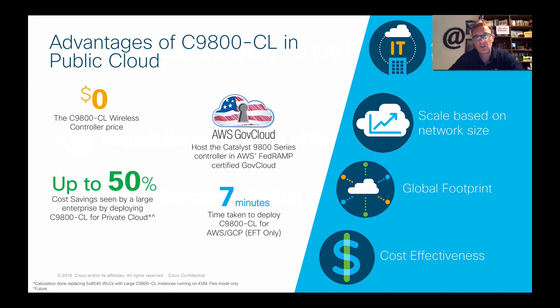The other advantage is that by leveraging the public cloud providers, these all have a global footprint, which means that no matter where you are in the world, there's going to be a data center in your region. So when you deploy a controller in the cloud, you are sure that this will be within 30 to 50 milliseconds away from the location where you deploy the access points.